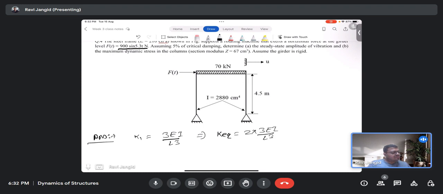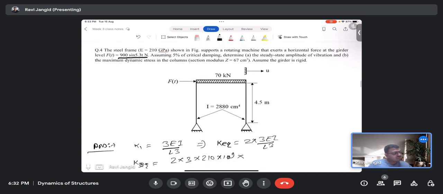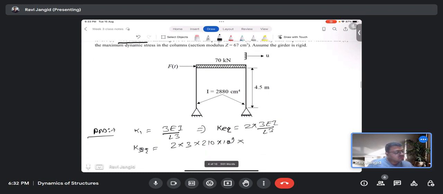So E is given to you, 210 into 10 raised to power 9. I is also given to you, 2880, and L is given to you, 4.5. So can you tell me what stiffness you are getting?